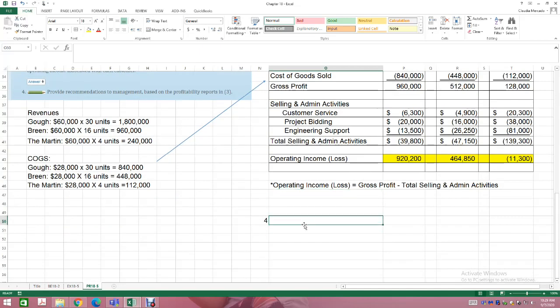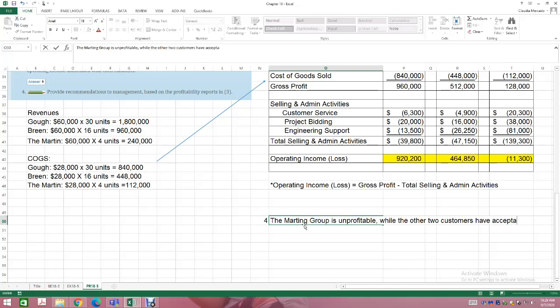So we can say that the Martin Group is unprofitable, while the other two customers have acceptable margins.